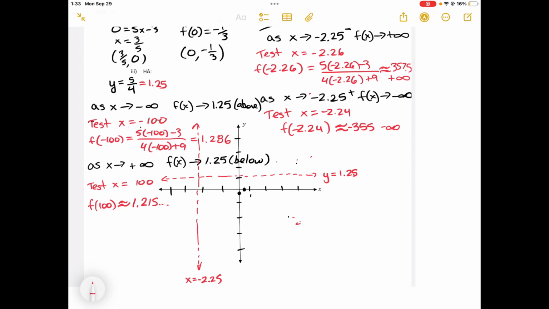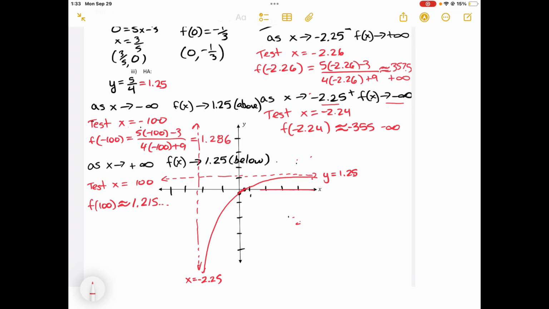Now, the next thing that I'm going to do is apply my end behaviors to those points. So I know that as x is getting really large, so that means that as I'm traveling this way on my x-axis, my y values are going to approach that horizontal asymptote from below. So that means that my graph is going to look like this here. And then I know that on the right-hand side of my vertical asymptote, which is right here, my function is going to negative infinity. So I can tell that I'm going down like this and approaching my asymptote.